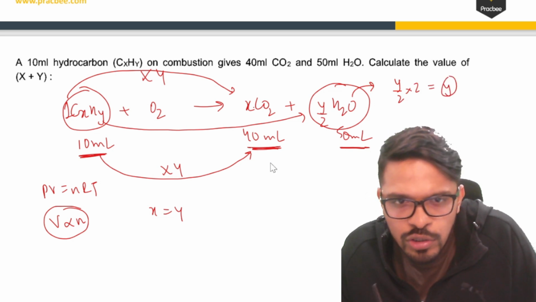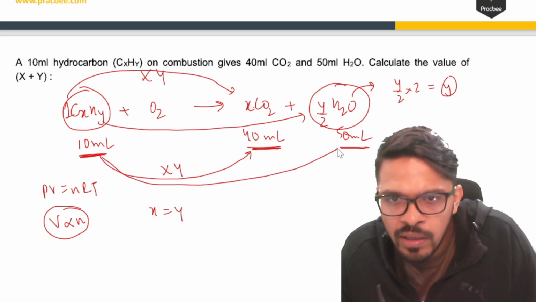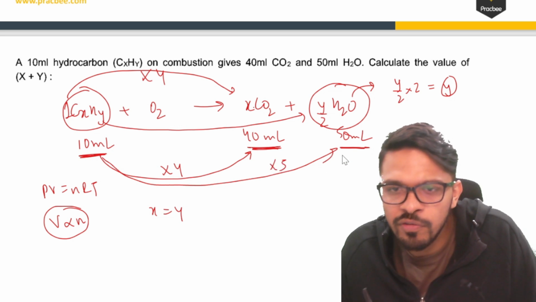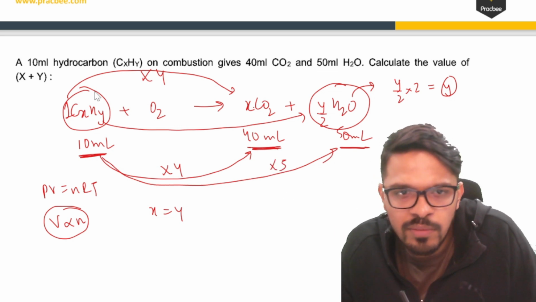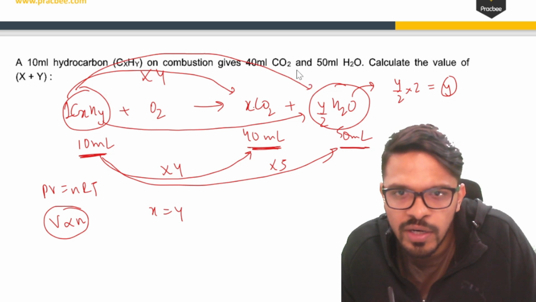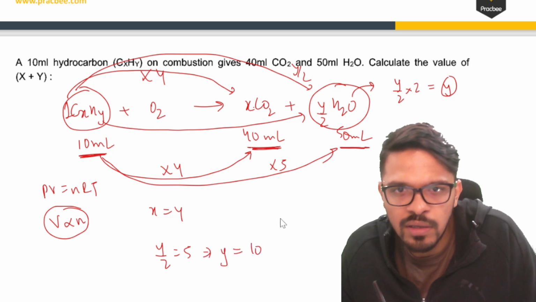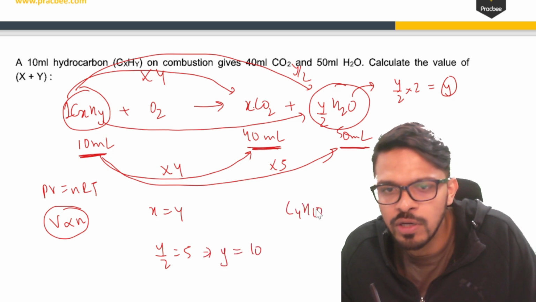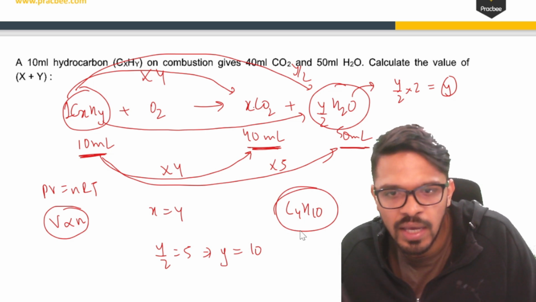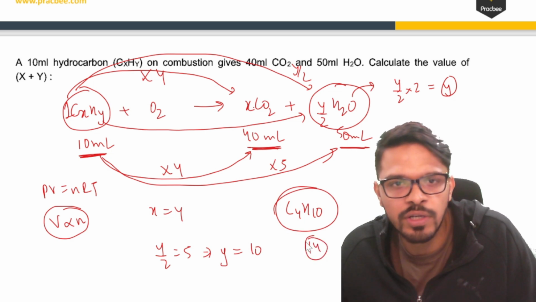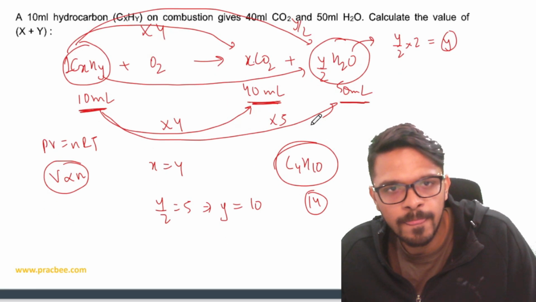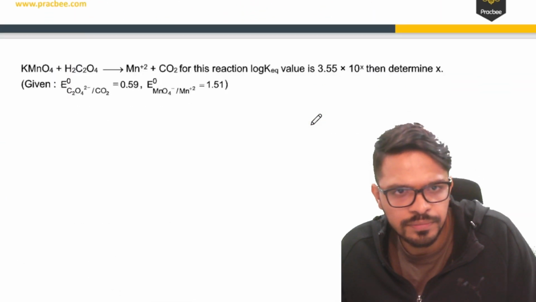From 10 moles, we are getting 50 moles, so it is 5 times, and here we are getting y by 2. So y by 2 is 5, y is 10. So the formula becomes C4H10. The sum of x and y is basically 14. And this is a good question.